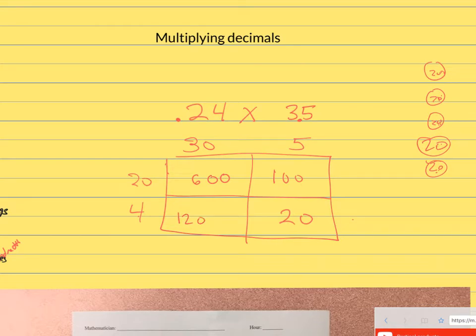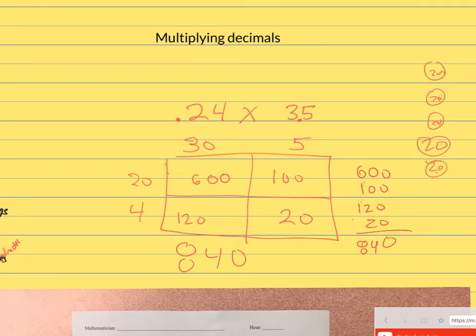Now I just have to add all these up. 600 plus 100 plus 120 plus 20. Okay. Oof. 840. 840.